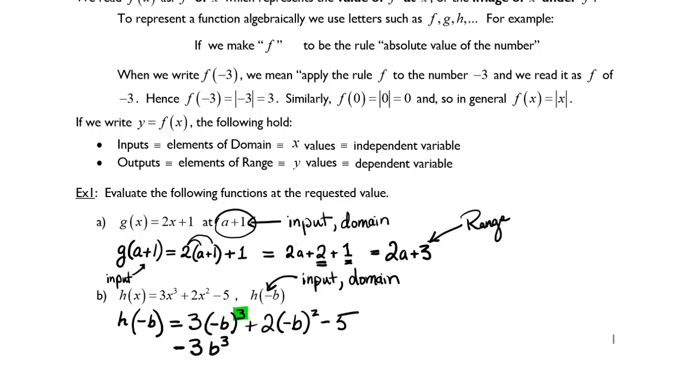If I multiply negative b by negative b, I will get a positive b squared, and so I will write this as plus 2b squared. Minus 5, nothing changes on the 5. Since there is no distribution needed here, and there are no like terms left to combine, this is called my range or my output. And I'm done.